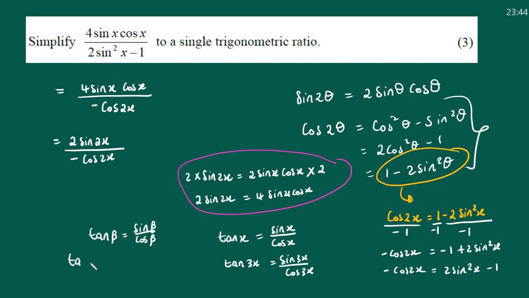If you have tan of 180 minus x, you can rewrite this as sine of 180 minus x over cos of 180 minus x. If you have tan squared x, you can rewrite this as sine squared x over cos squared x. Cos and sine always follow what tan is doing in simple ways.